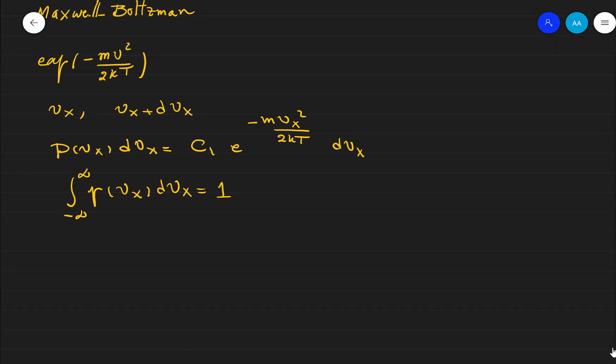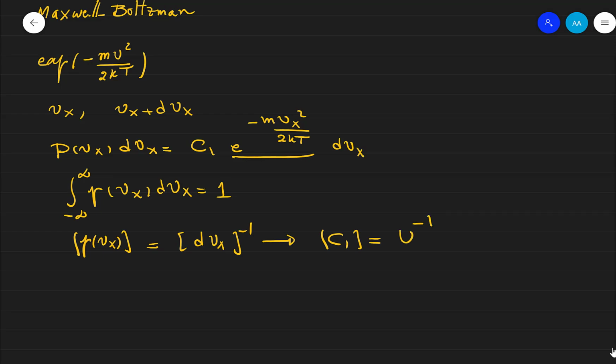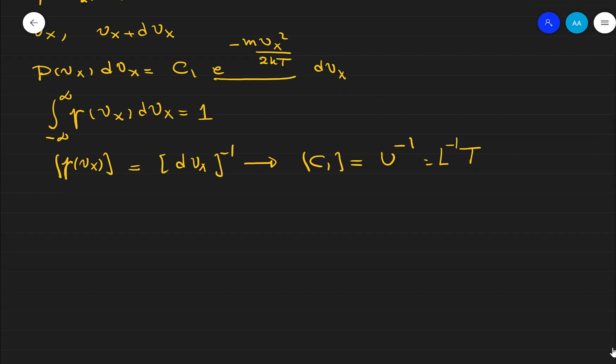In this equation, the right-hand side is dimensionless, so the left-hand side should also be dimensionless. The exponential is dimensionless, then C1 should have dimension of U inverse. The normalization property can be written in this form.